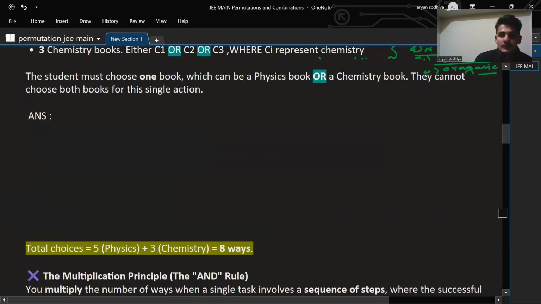So let's discuss one thing. Again, I'm revising it for your understanding, because if you understand this topic, it will be easier for you to crack all the problems of permutations, combinations and probability. Let's again revise this problem.